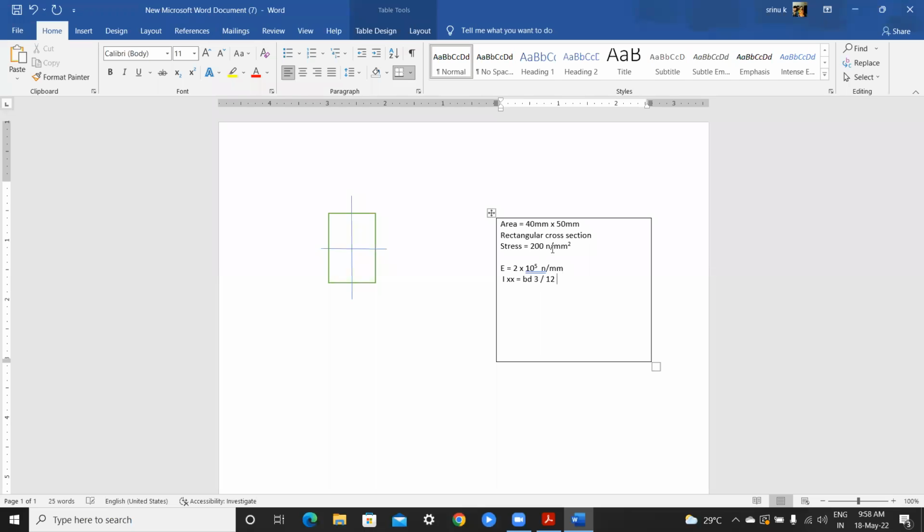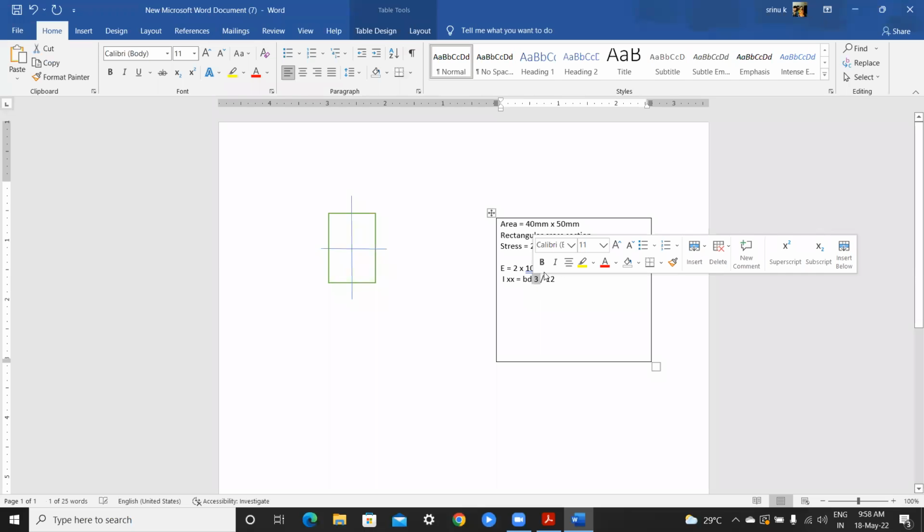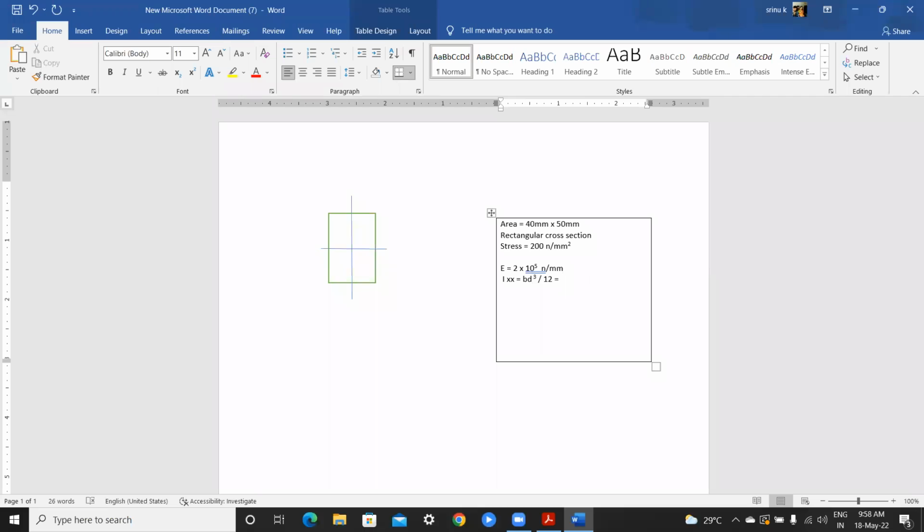by 12. P D Q by 12 T is equal to, for us, what is the breadth here? Breadth is 40 into depth, which is 50 here. So BD cube by 12.